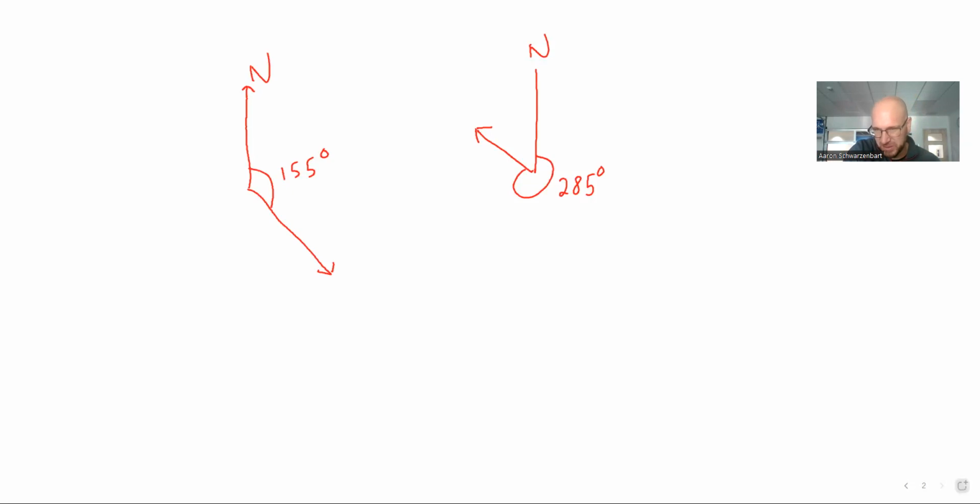Didn't mean to go back that far, just meant to clean my screen. So there's another way to measure angles, and it's called a radian. A radian is equal to the arc length across my arc divided by the radius.